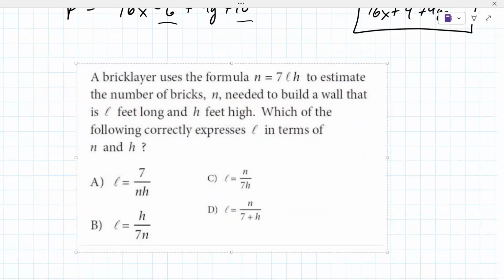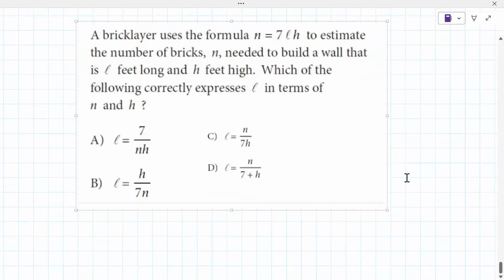So take a look at this, give this a try here. Do you have an answer for me?